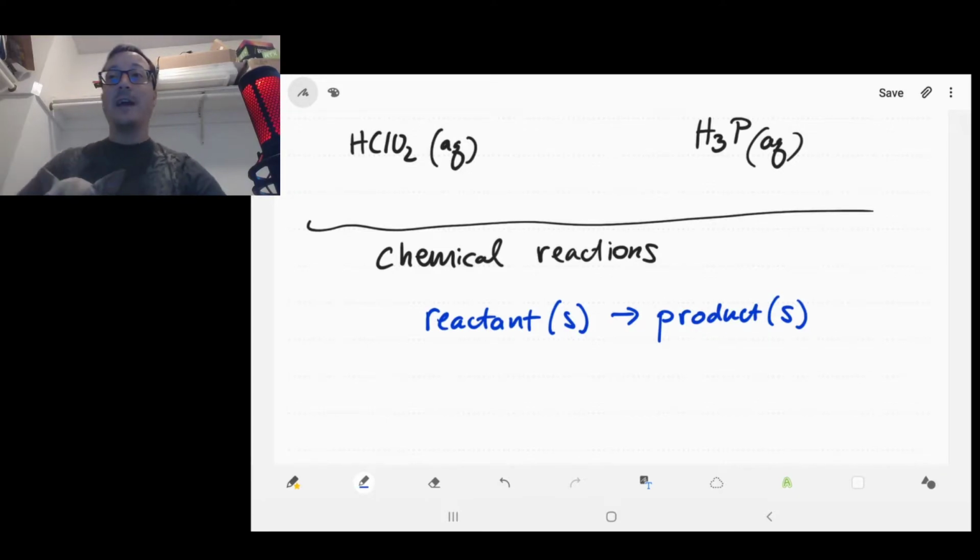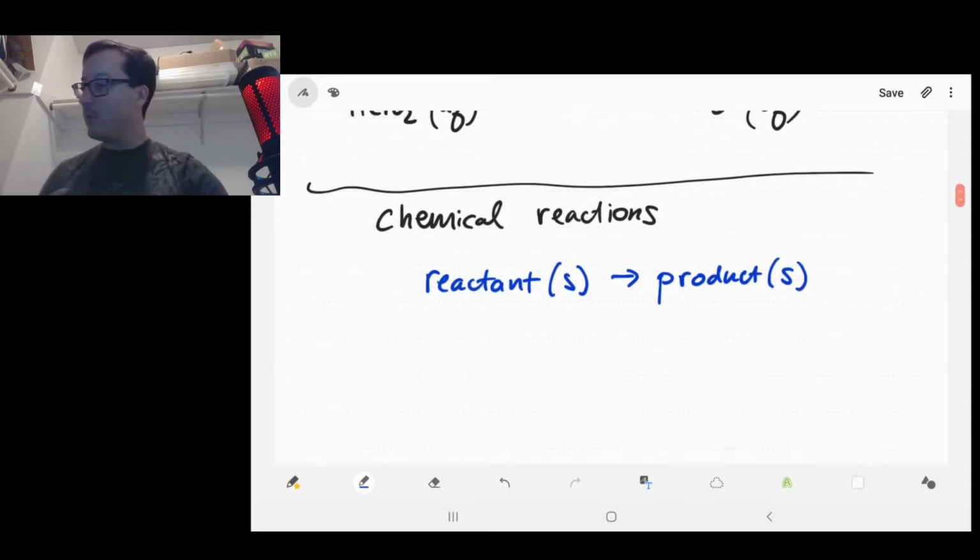So, chemical reactions generally follow the idea where you're taking some reactant or reactants, either singular or plural, and converting them into some product or products. So, there's not really a limit to how many reactants or how many products you're going to have for a reaction. It just depends on what you're reacting. Okay, so pretty cool.